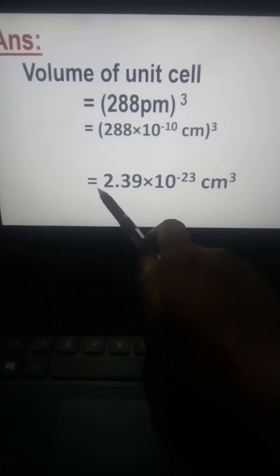Volume of unit cell is equal to side cube, that means 288 picometer whole cube. If you bring that picometer into centimeter, then it will be 288 into 10 to the minus 10 centimeter cube. So that will be equal to 2.39 into 10 to the minus 23 centimeter cube. That is the volume of unit cell.